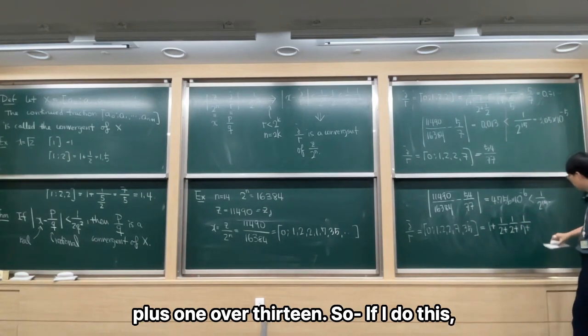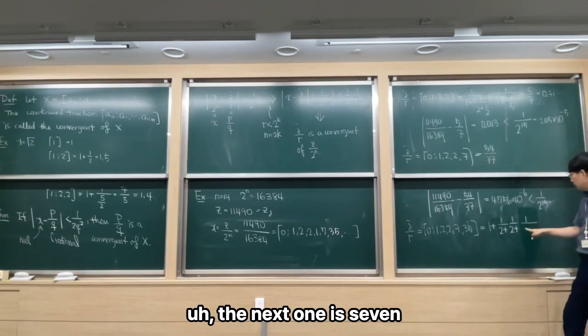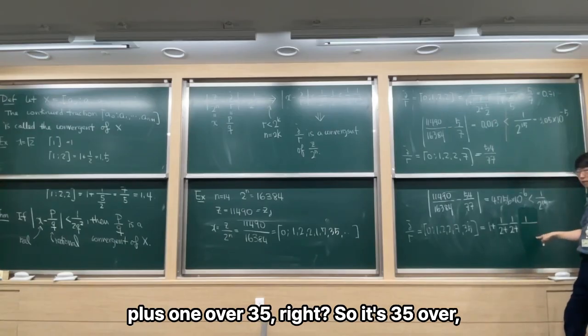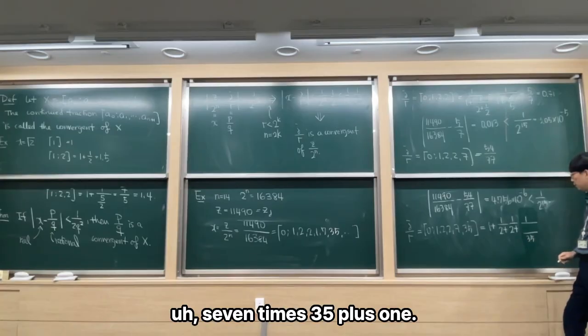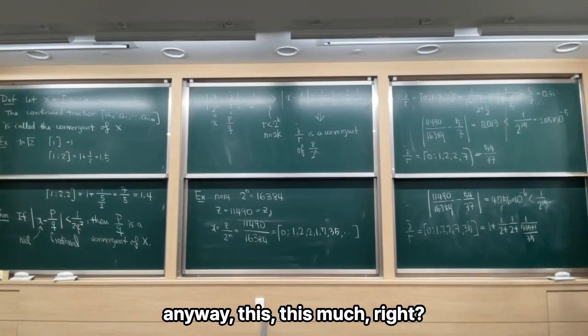So if I do this, the innermost part is 1 over, the next one is 7 plus 1 over 35, right? So it's 35 over 7 times 35 plus 1. Well, anyway, this much, right?